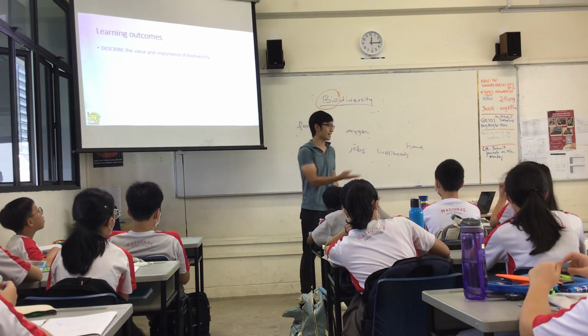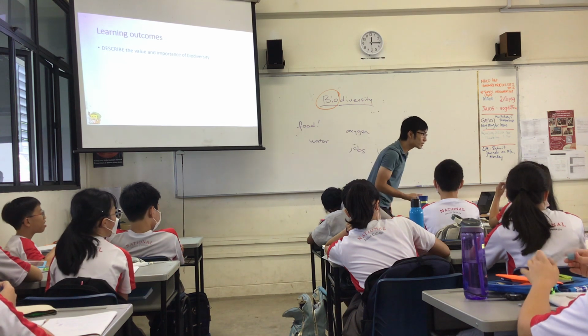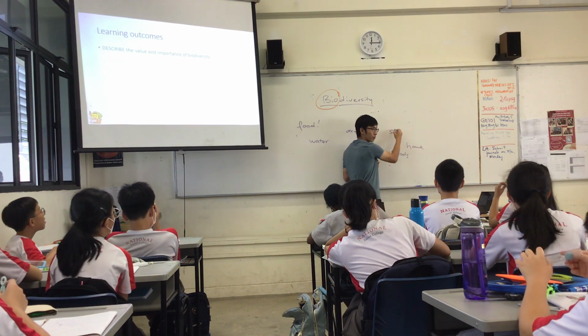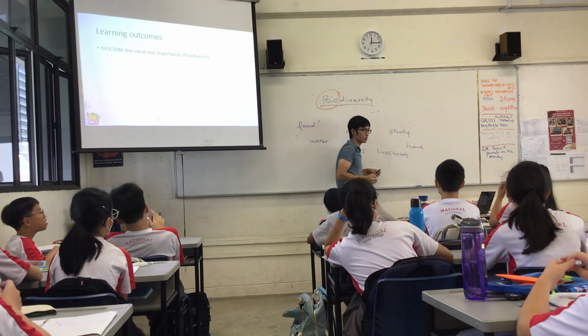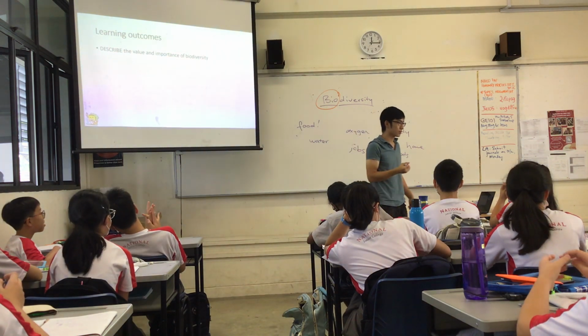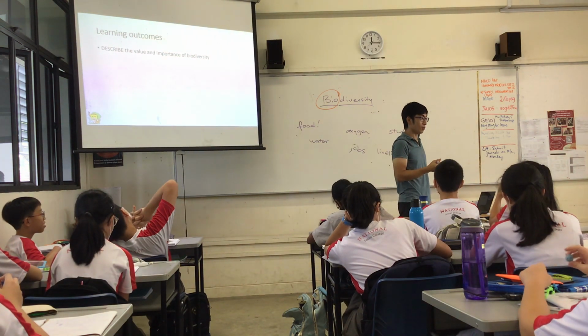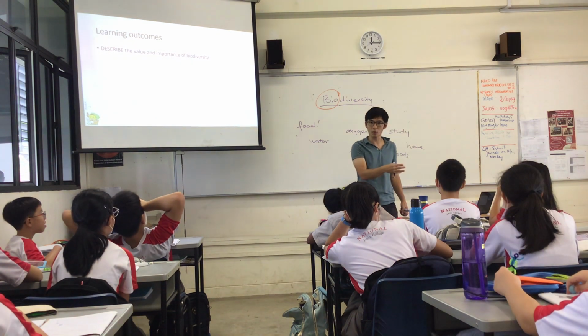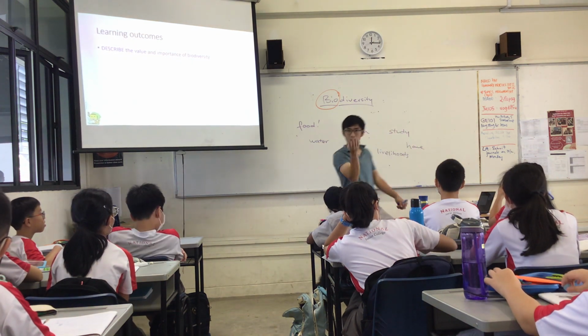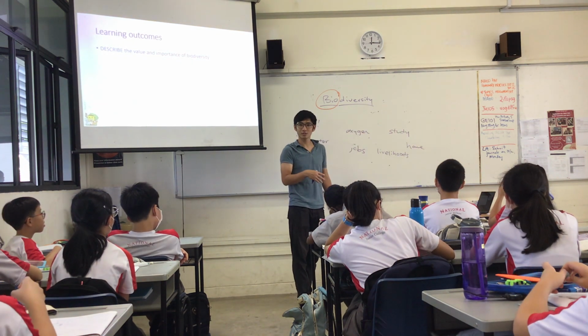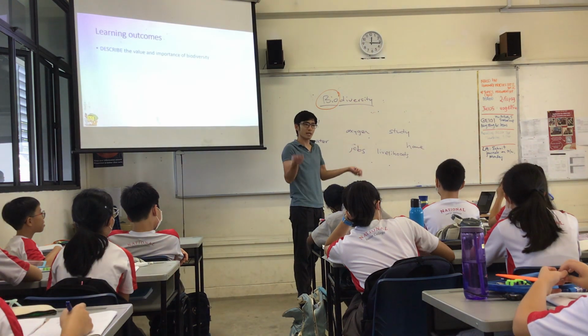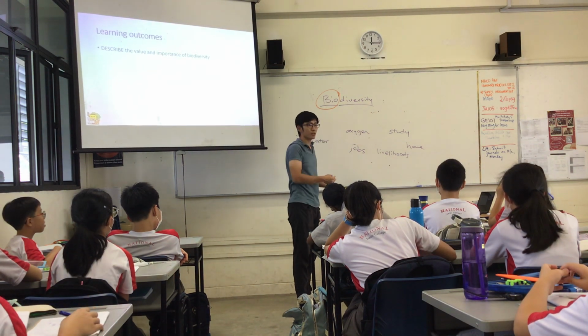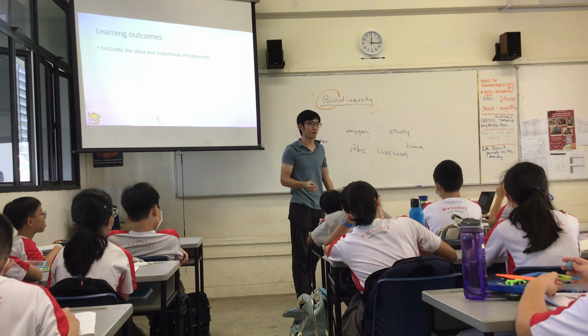Anything else? For study, for education. Okay, can you give me an example? Scientists do research on animals and we stand to gain a lot when we learn about the biodiversity. Anything else? What other value might there be in having a diverse number of living things?